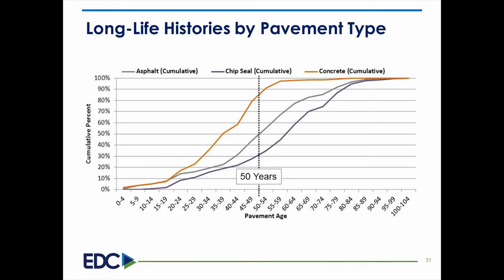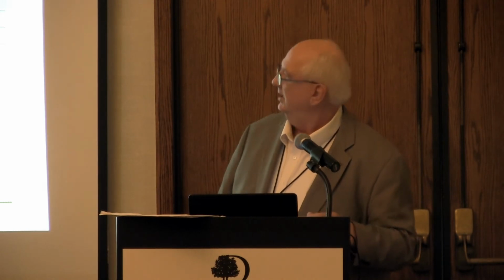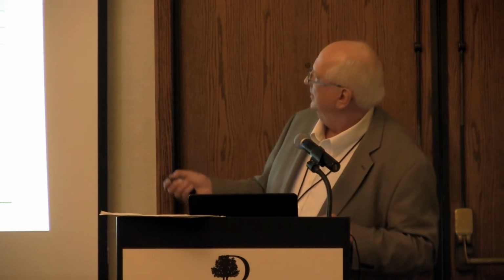So if we look at our long life histories by pavement type, I mentioned on an earlier slide that we've been pretty successful in avoiding reconstruction. This is a curve that shows a cumulative age from the time the pavement was either originally built or required reconstruction. The gold is our concrete pavements, and it shows that our concrete pavements are our newest pavements, given that a lot of them were built in the 60s and 70s during the interstate construction period.